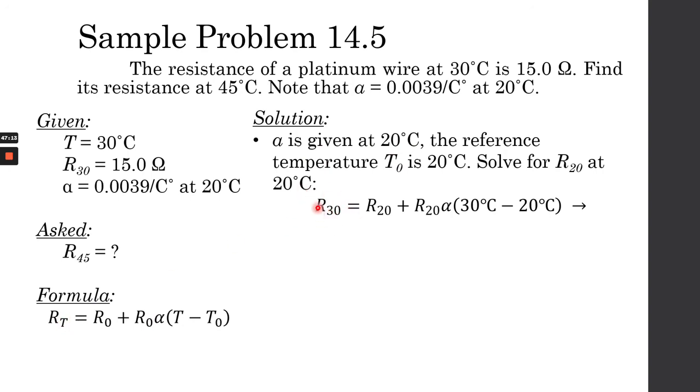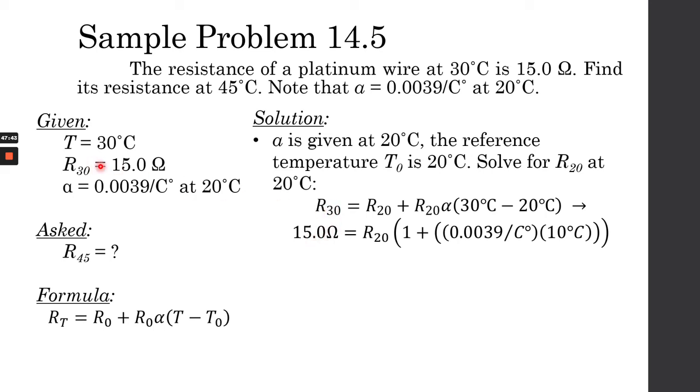The resistance at 30 degrees Celsius is equal to R20 plus R20 times alpha times T minus T sub 0, so 30 degrees minus 20 degrees Celsius. We're solving for R20, so we have to pull this R20 out, and then substitute the numbers.